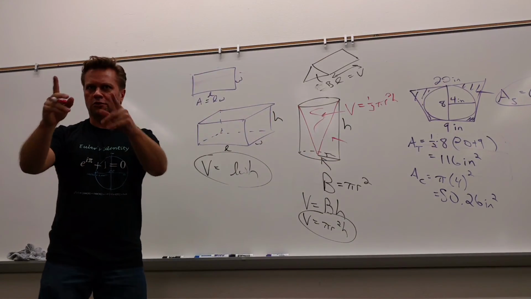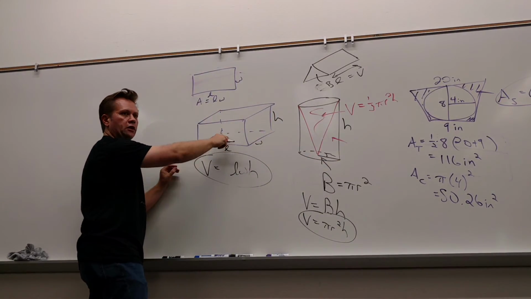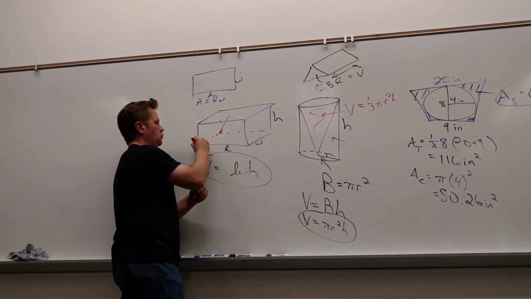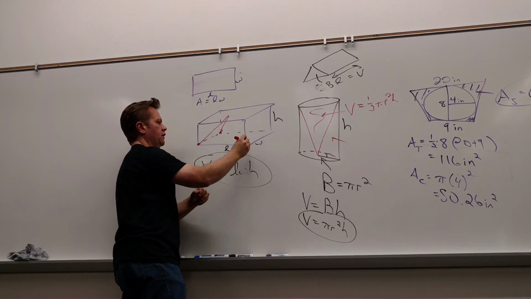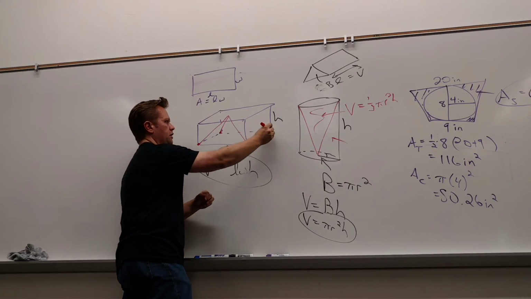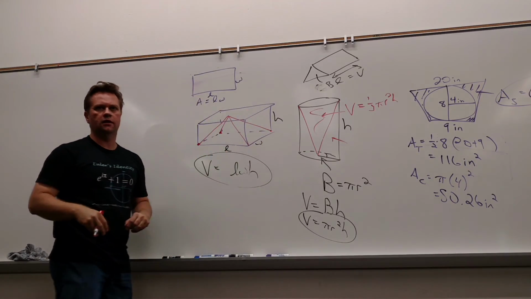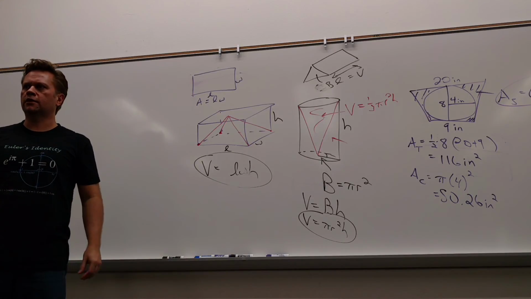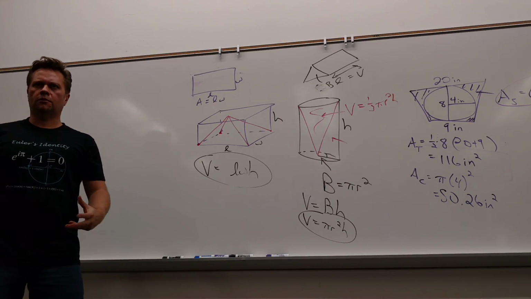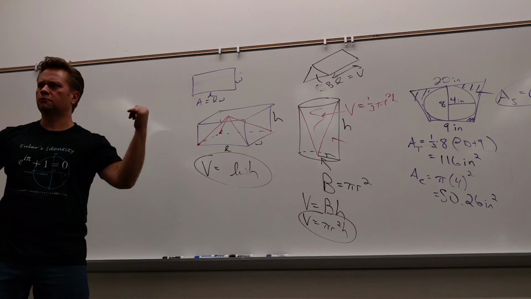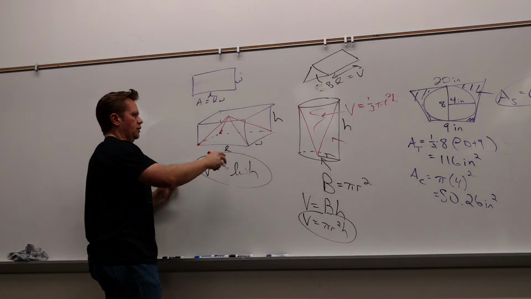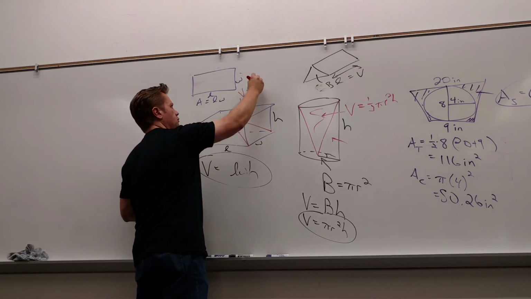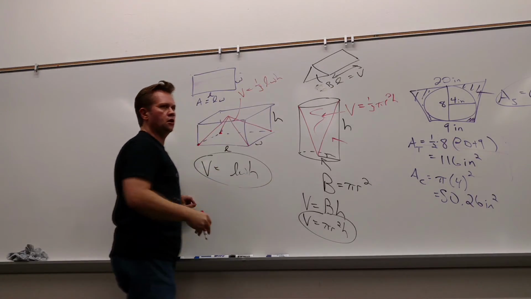I just lied to you because I'm going to do one more. Here's another pyramid. If I take every corner up to one point, would you guys agree that is a pyramid I just made? The volume of the whole thing is LWH, so the volume of the pyramid is 1/3 LWH.